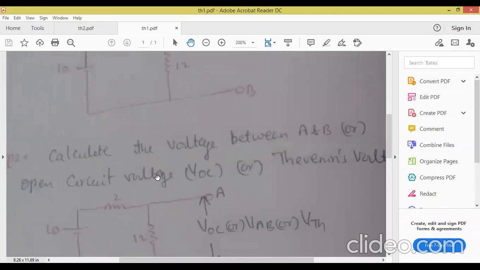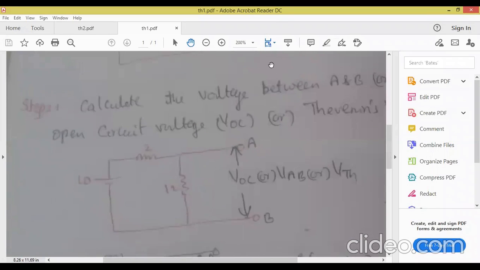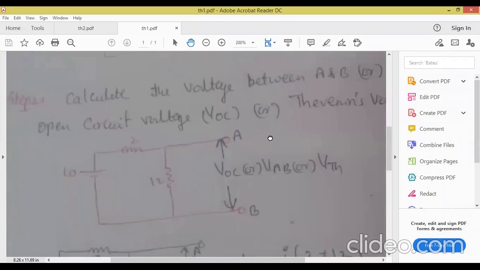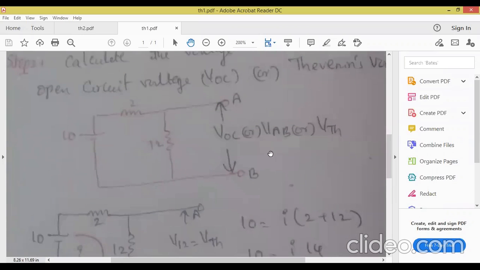Open circuit voltage, or the voltage present between terminals A and B. All of you understood? Now what we have to calculate here? We have to calculate voltage present between A and B, which is also called as, now you see the representation, the new circuit, step-by-step circuits you have to introduce. What is this one we have written? Open circuit voltage, or VAB, voltage present between A and B, or it is also called the Thevenin's voltage.